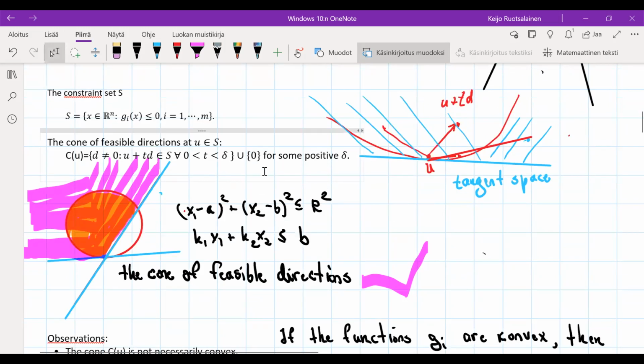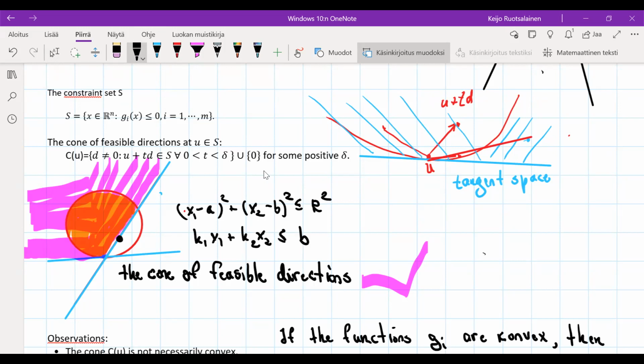For example, if I take a point here, then the point is clearly inside the circle, so we have a strict inequality there.